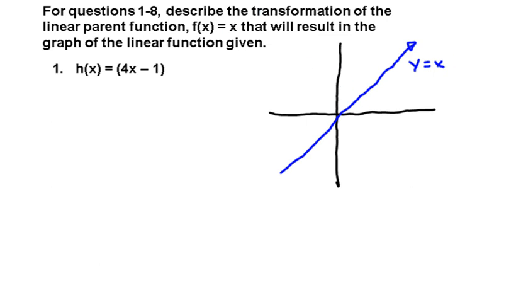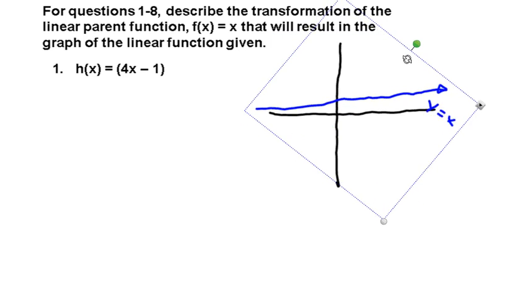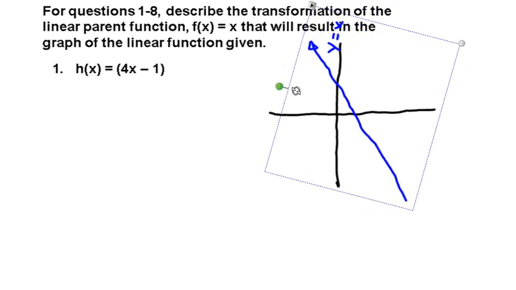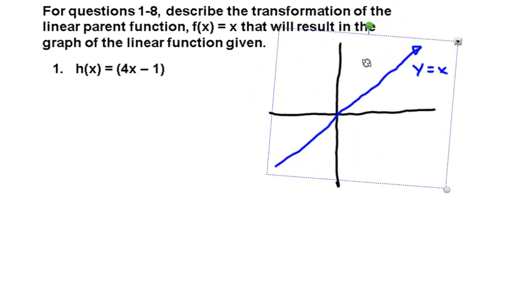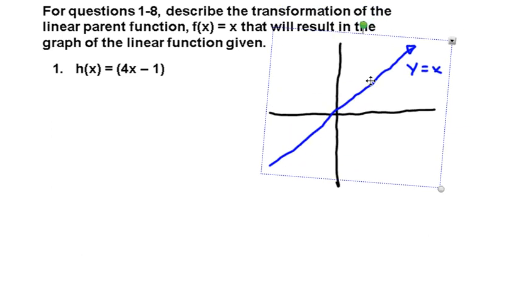And so we're going to be taking this function here and transforming it somehow, rotating it to a different slope, moving it up and down. Okay, that's what we're doing here.